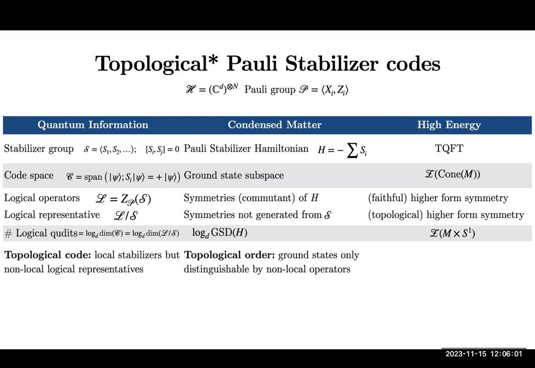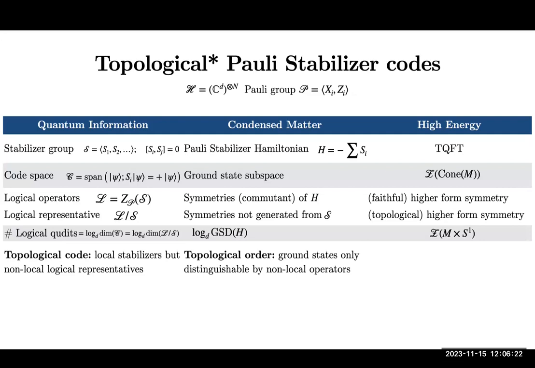You can then define the stabilizer group, which is a product of a set of commuting Paulis. In terms of condensed matter, you can take that stabilizer group and define a so-called stabilizer Hamiltonian, where you give an energetic penalty to any term that violates your stabilizer.